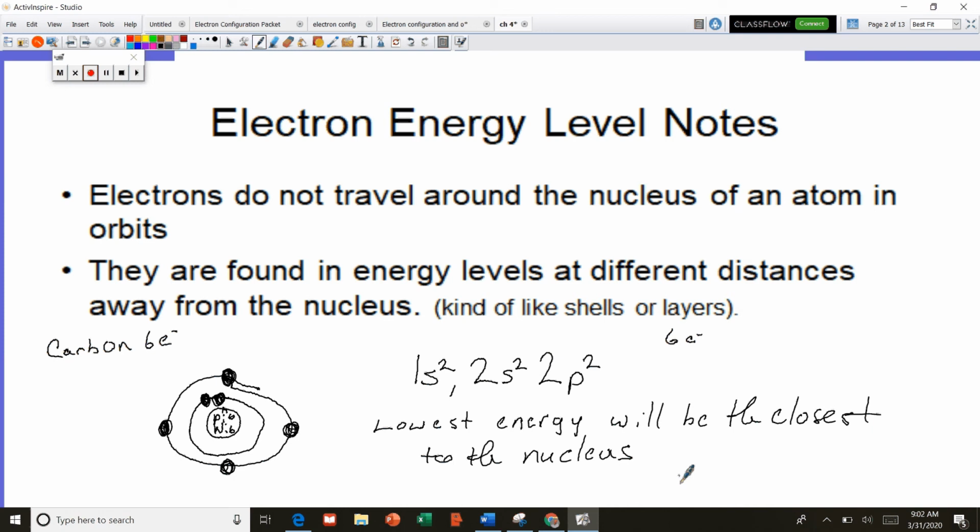And as we move away from the nucleus, the energy level gets higher. So again, as we move away from the nucleus, it becomes higher energy.